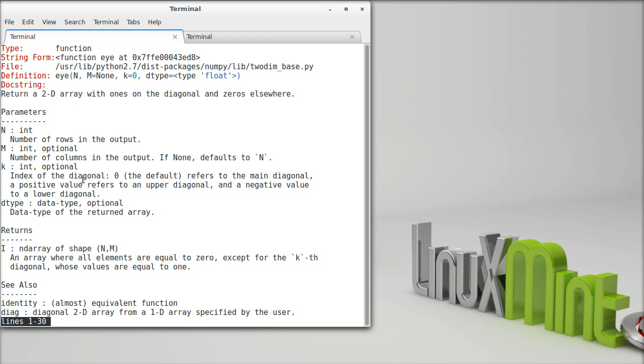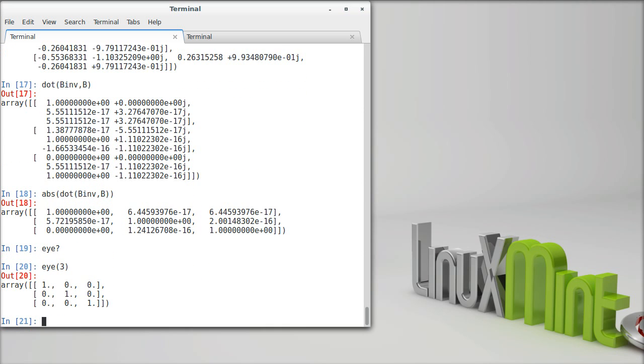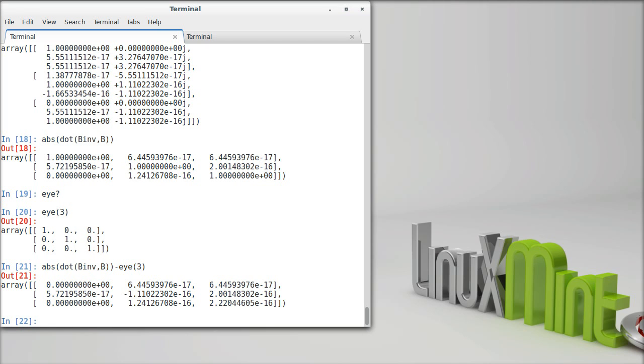This can actually do more complicated cases. For our purposes, we want a 3 by 3 identity matrix. There it is. And so if we take this minus the identity, we see that yes, this is 0, again, up to the usual numerical precision. So this is the inverse, even though it's a complex matrix.